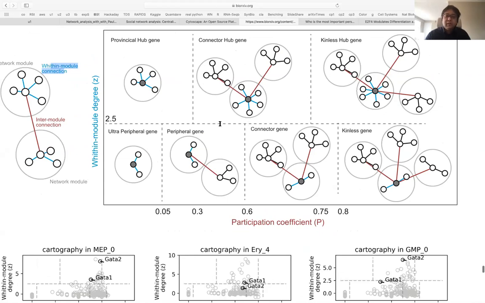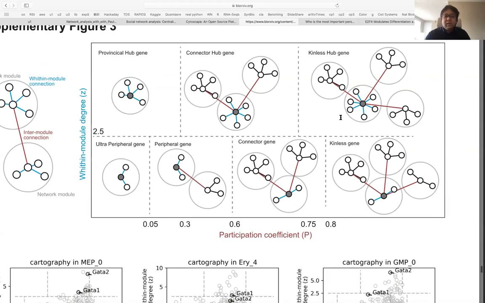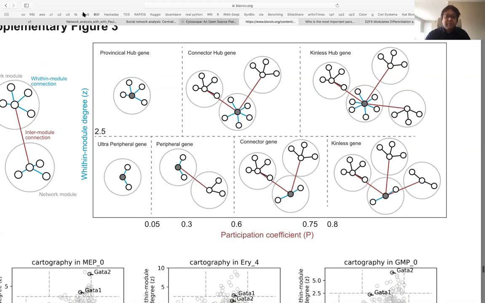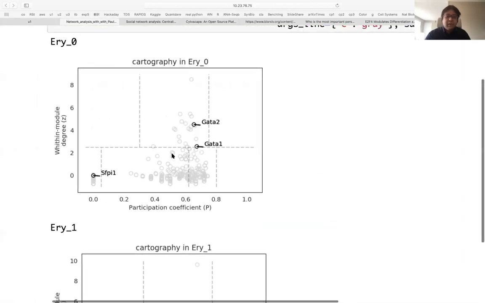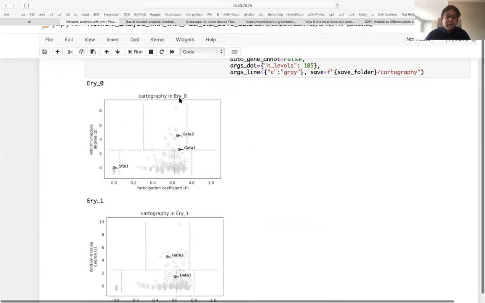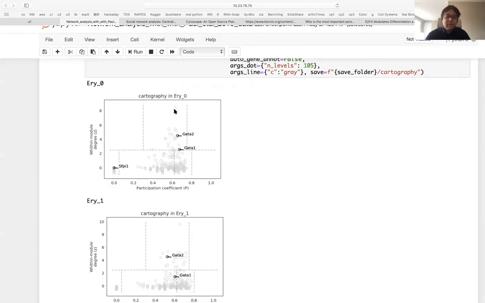Based on this analysis, you can classify your gene into the seven functional groups, or you can know the importance of this gene. In brief, going back here, for example, if we visualize the gene cartography in the erythroid cluster, we can see that GATA1 and GATA2 exist here.